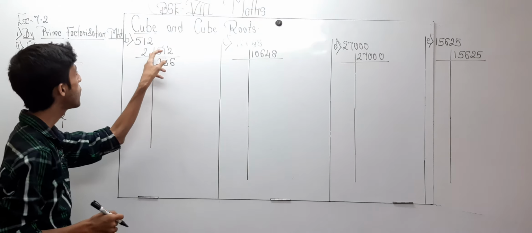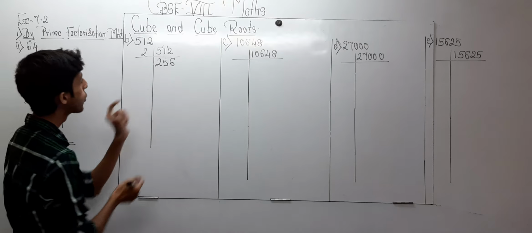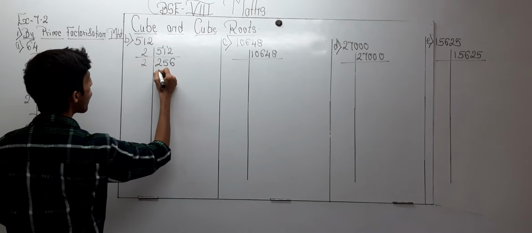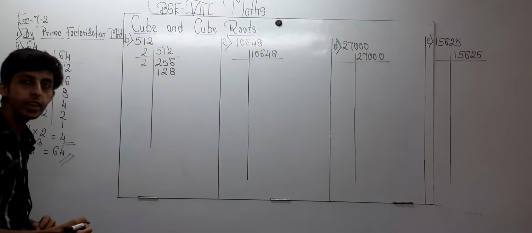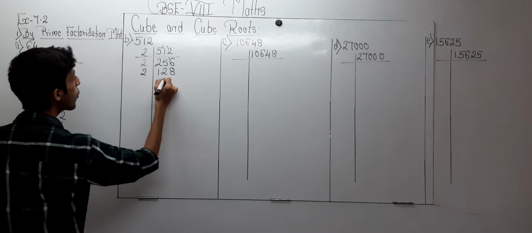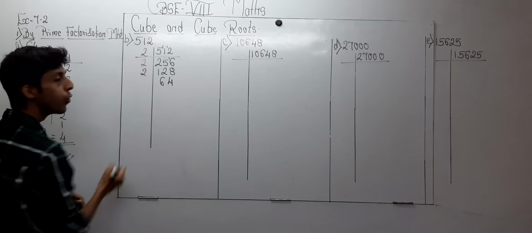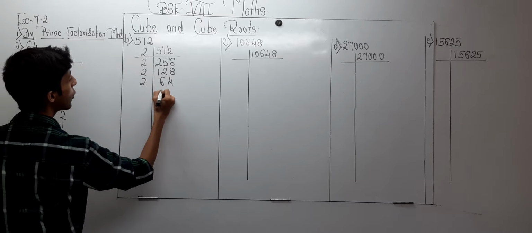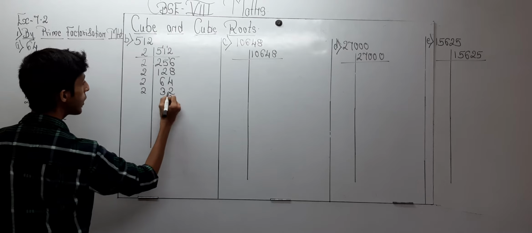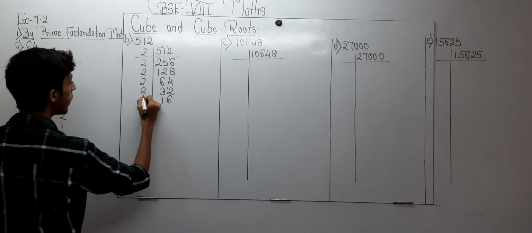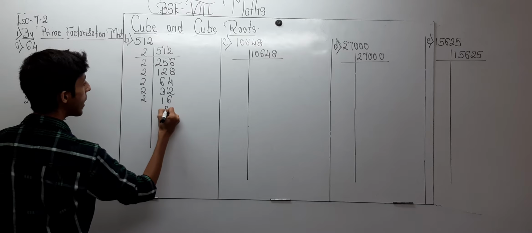In the second question we have multiplied by 2. Correct? So over here again 2 1s are 2, 2 2s are 4, 2 8s are 16, 2 6s are 12, 2 4s are 8, 2 3s are 6, 2 2s are 4, 2 1s are 2. 2 6s are 12, because 1 is remaining over here, 2 8s are 16.